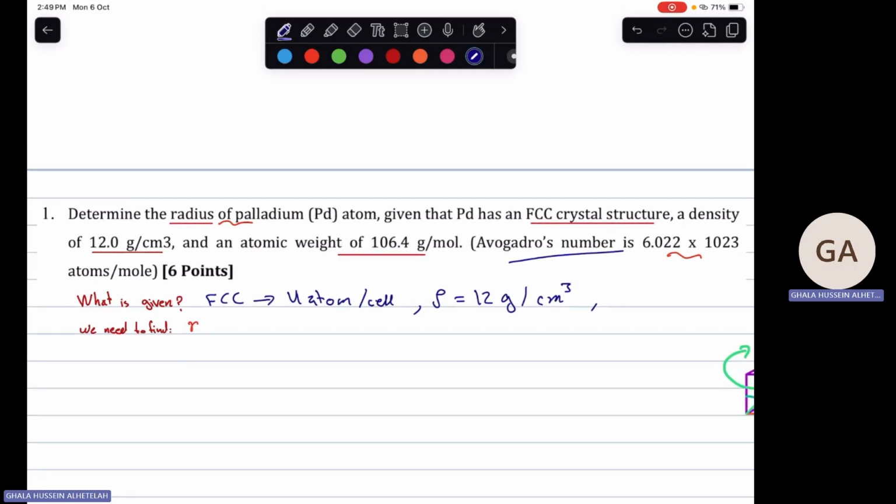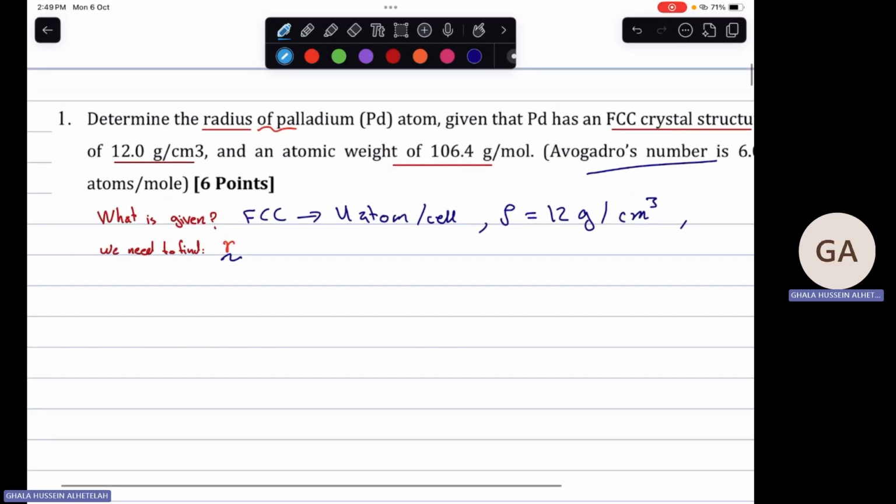Since we need to find the radius, we can apply the density law, which says that the density is equal to the number of atoms within the crystal multiplying by the atomic weight over the volume of the unit cell multiplying by the Avogadro number.